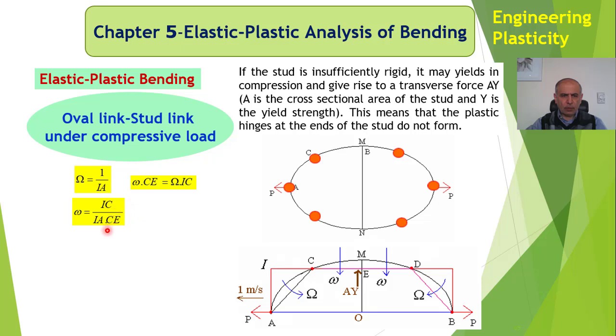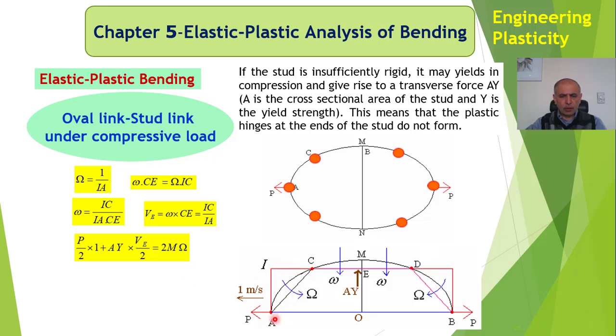IC over IA times CE, because big omega is 1 over IA, that's 1 meter per second. And therefore V, the velocity of point E, is equal to omega times CE. That's CE times omega gives the velocity at this point, and that would be equal to big omega times IC, so it's IC divided by IA.